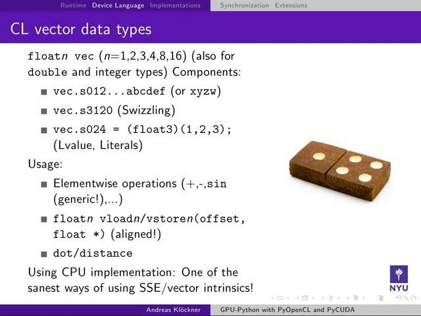Now, why are those things cool? Let me cover what else you can do with them. You can do all the element-wise operations. Here's another part where sine and cosine and all of those functions being generic comes in handy, because you can handle a vector just as much as you can handle a scalar. You can load and store a float n from a float array as long as it's aligned.